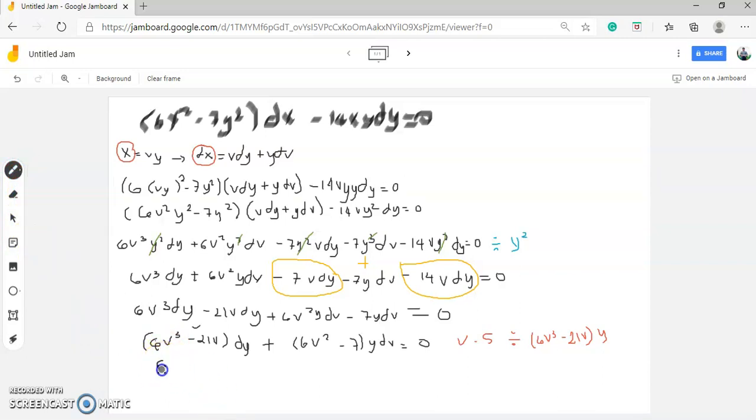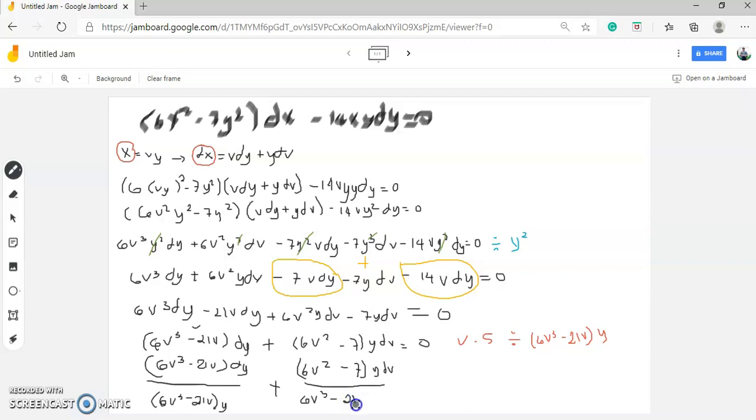So if I copy this back, minus 21v dy divided by 6v cubed minus 21v times y, plus 6v squared minus 7 y dv all over 6v cubed minus 21v times y equals 0.